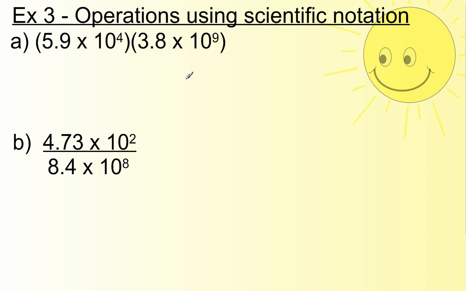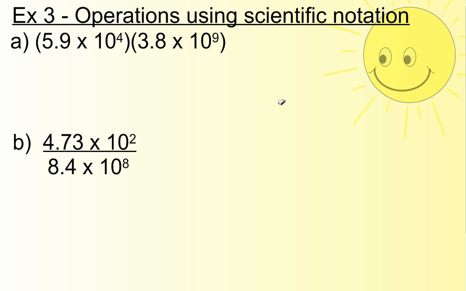Now, the first thing I hope you don't do is try to write it out as 5.9 with three zeros, and then times 3.8 with nine zeros, and try to multiply that out in your calculator, because the first thing you're going to notice is it's probably going to give you an error. That number is probably way too big to put into your calculator and get an answer.